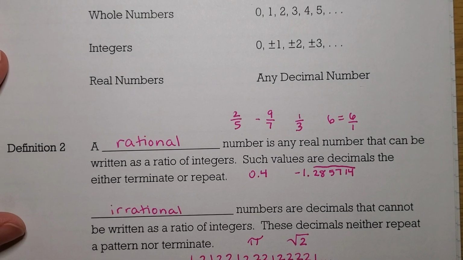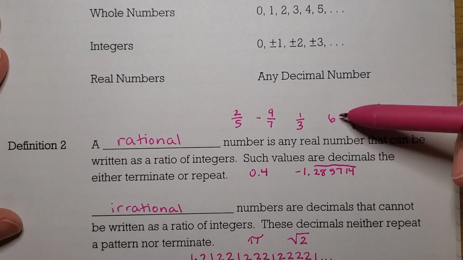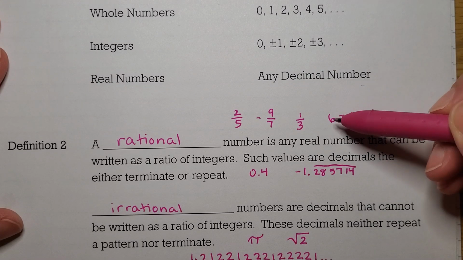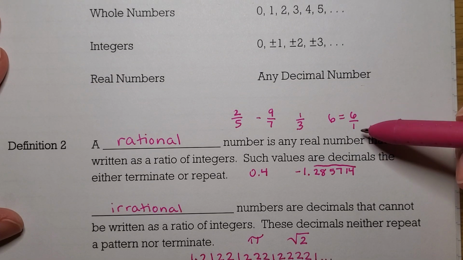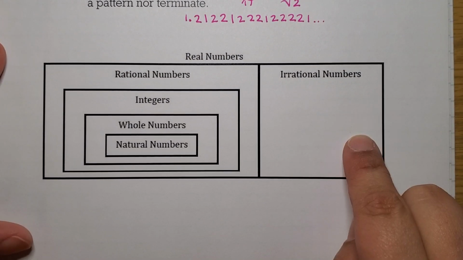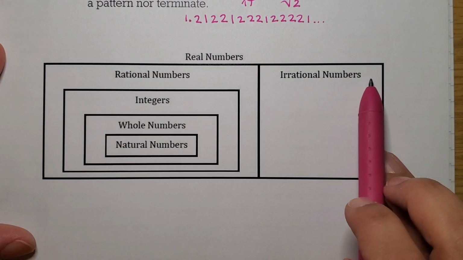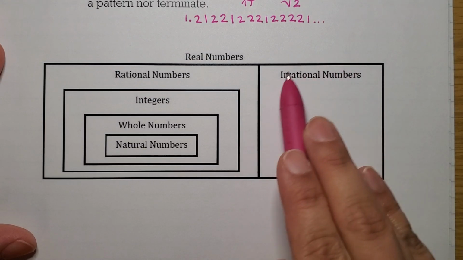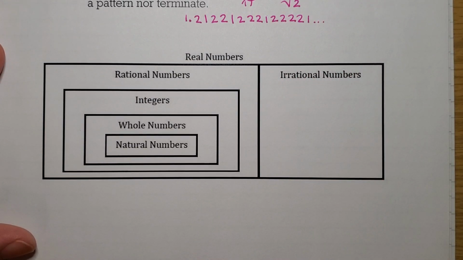And again, that's because you can take any whole number, whether it's a positive or a negative, and throw it over 1. So you can write it in fraction format. Irrational numbers are all the other kinds of decimals that either don't end or don't repeat.